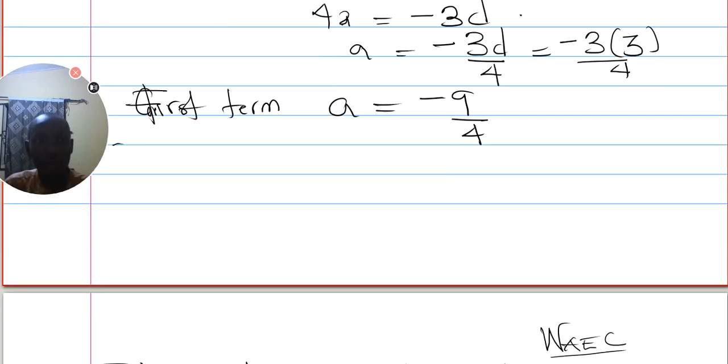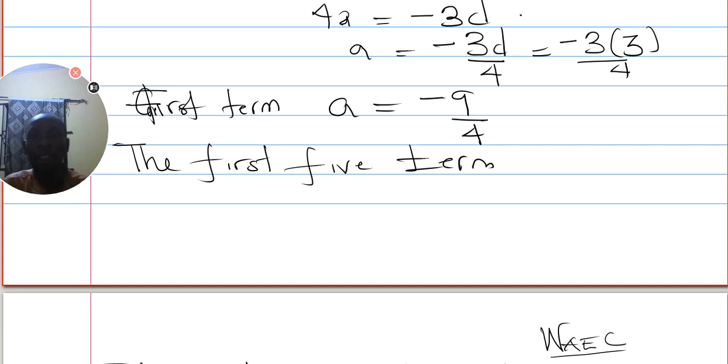The first 5 terms will be: this one is the first term, minus 9 over 4. Now the second term will be minus 9 over 4 plus 3, right? The third will be minus 9 over 4 plus 2 times 3. The fourth one will be minus 9 over 4 plus 3 times 3.